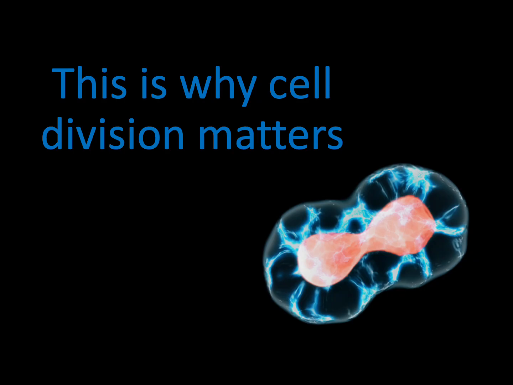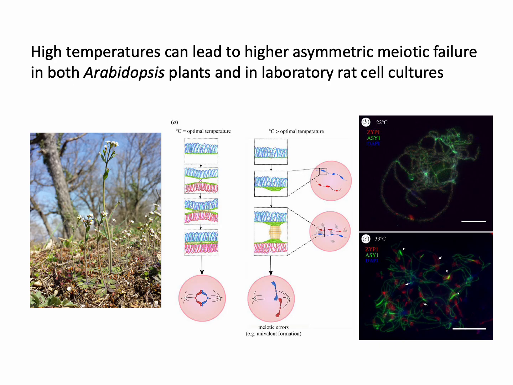Okay, so why does all of this stuff matter? Well, there's a lot of reasons it matters. Obviously, it's an ultra vital part of biology, sexual reproduction. It could be traced to a lot of diseases, but to give you a more ecological example, of course, higher temperatures are a big thing, especially for climate change.